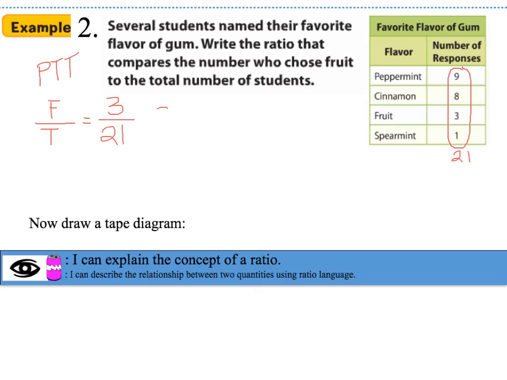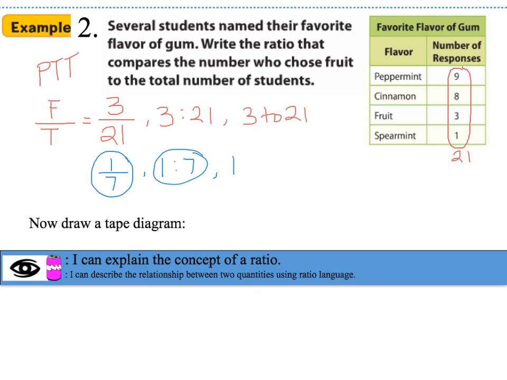The second form I can use 3 colon 21 and 3 to 21. But please remember we need to reduce our ratios. So if I divide the top and bottom of my ratio by 3, 3 divided by 3 becomes 1, and 21 divided by 3 becomes 7. So my reduced ratio should be 1 over 7, or 1 colon 7, or 1 to 7.